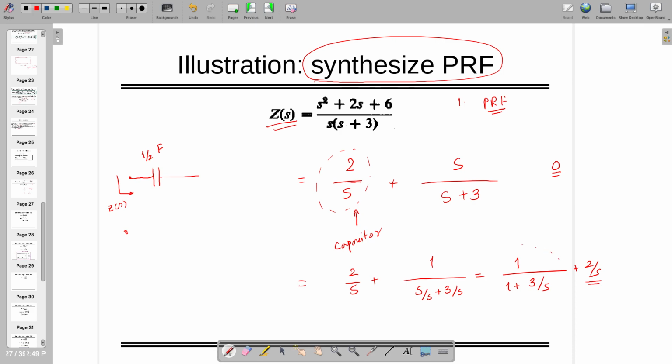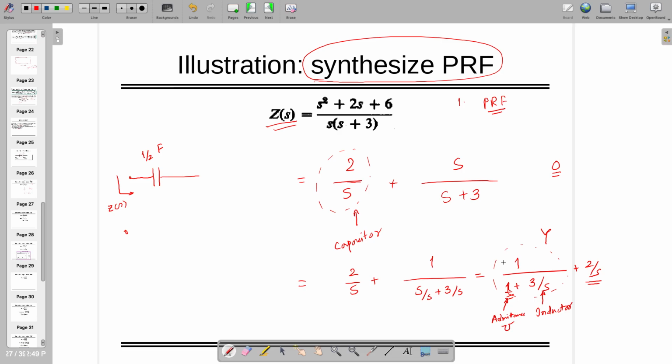Okay, so this becomes, by the way, admittance. So there are two entries, 1 and 3 by S. So this will be inductor and this will be admittance in mho. It's 1 mho.